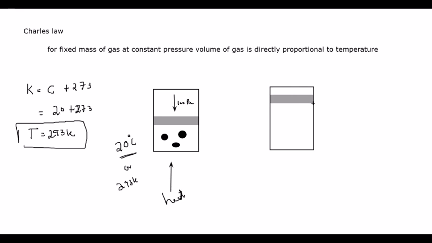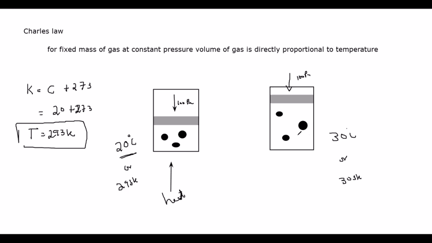Now the new position of the piston, because I did not change my pressure. My pressure on the gas remains 100 Pascal. I did not change my pressure, but as I supply the heat energy, the particles will move faster. As the particles move faster, they will push the piston up. So as they push the piston up and the temperature increases, they move away from each other.